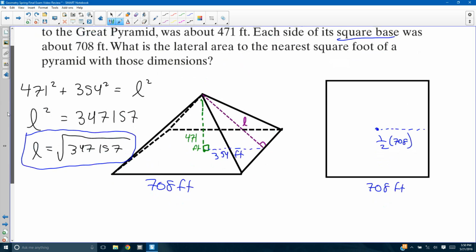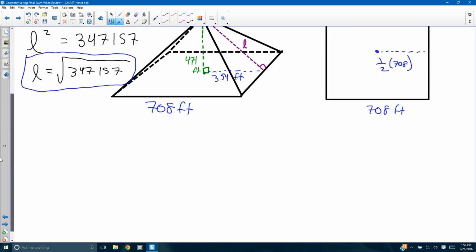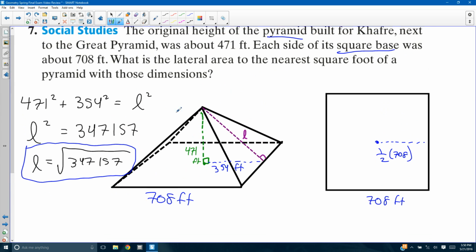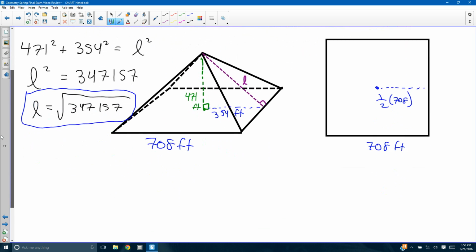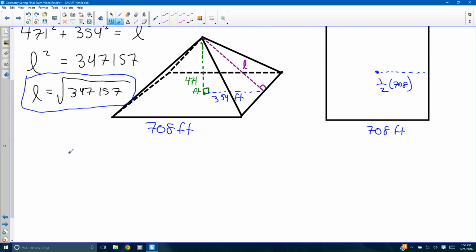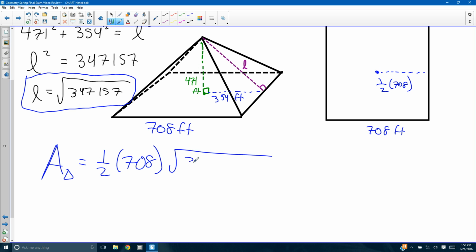Okay, so we need to find the lateral area. So we need to find the area of all four of these triangles, basically. This time I'm just going to find the area of one triangle and multiply it by 4. So the area of one triangle is 1/2 times the base length, 708, times the height, square root of 347,157.